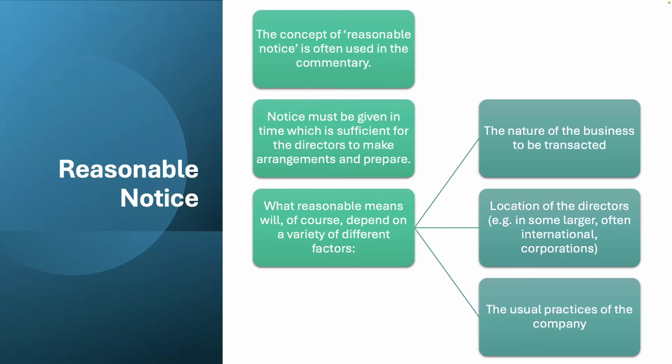How has past notice practice been operated? What is the general time that has been given to previous notice requirements? And so how does that inform how we as a company interpret reasonable notice for our directors, for our members? And then also, of course, how quickly decisions need to be made. In emergency situations, maybe there might be an even shorter amount of notice.